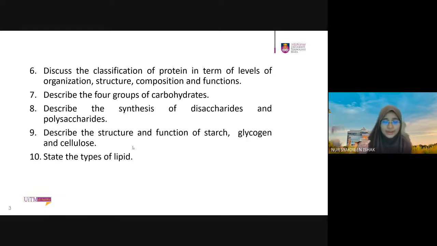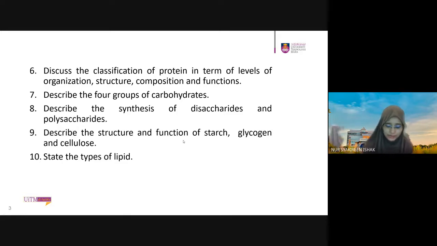So you can ask which of the following macromolecules does not have monomers. So protein, carbohydrate, nucleic acid, lipid. Which one does not have monomers? It is lipid.